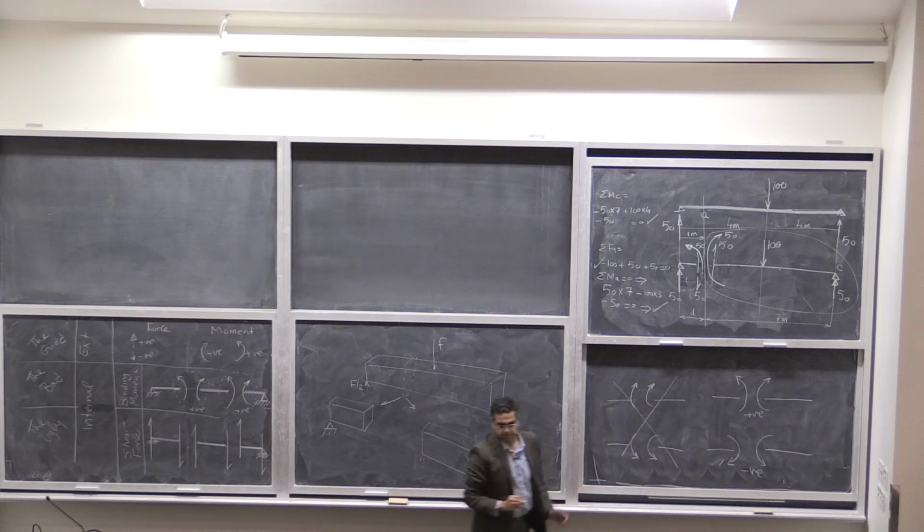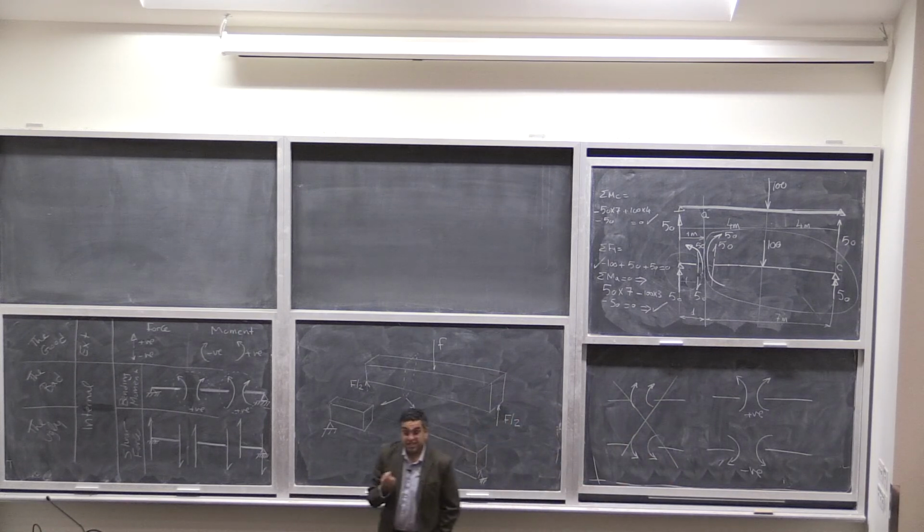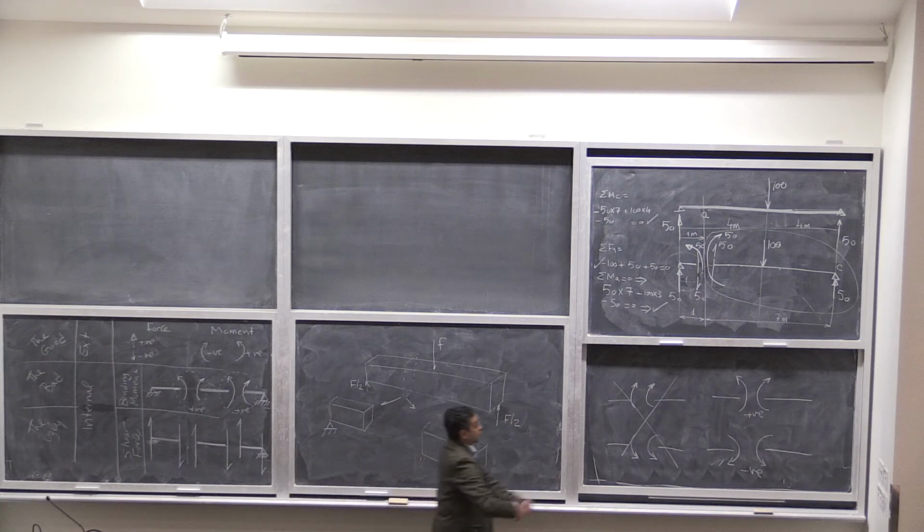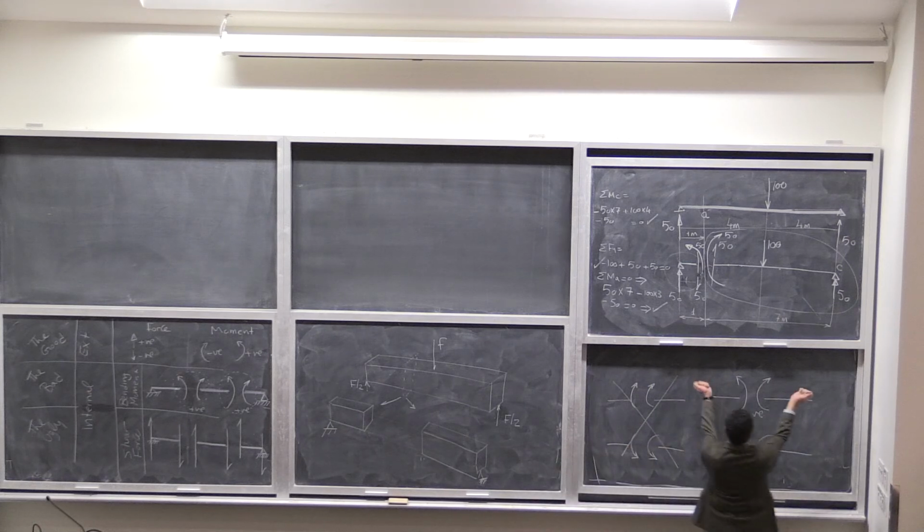Never exist. So positive here means the two together. I'm never talking about the right one or the left one. It is the situation. The situation of these two pushing this way would be positive.